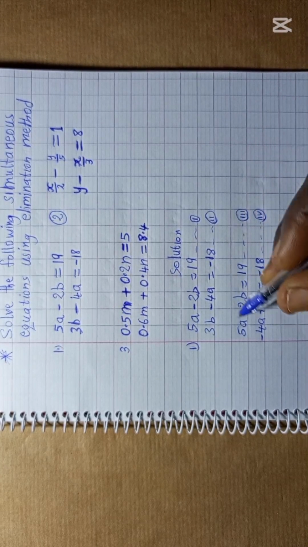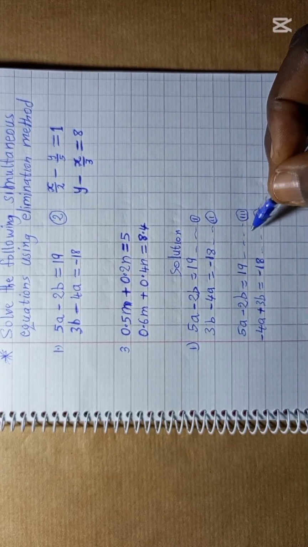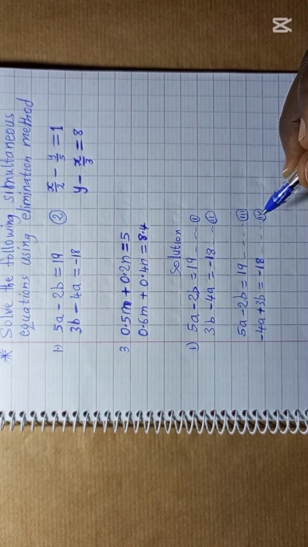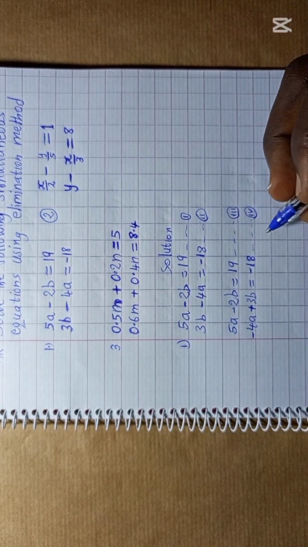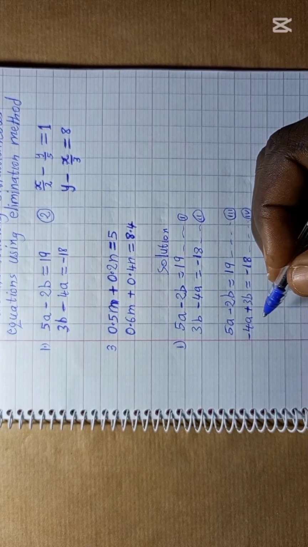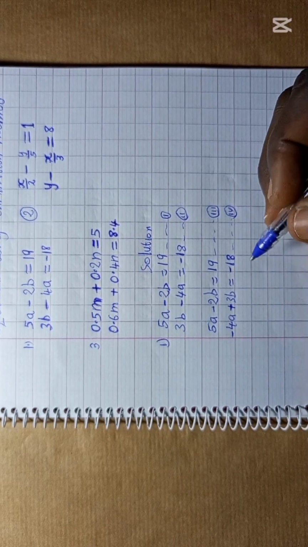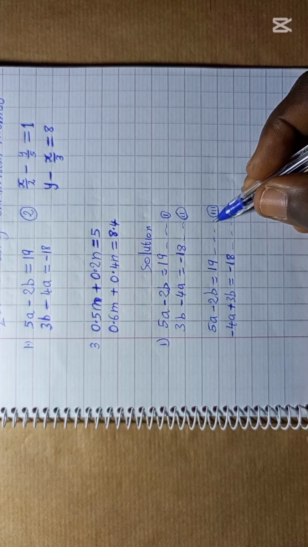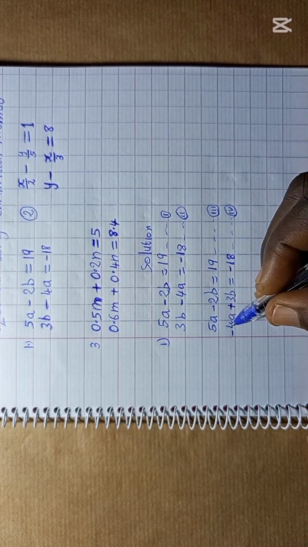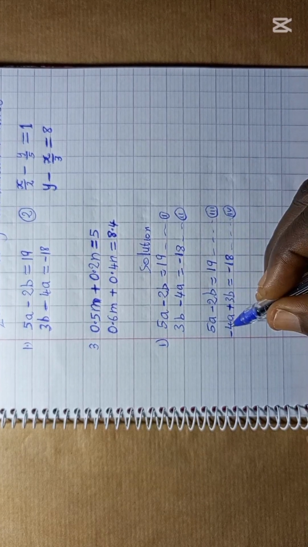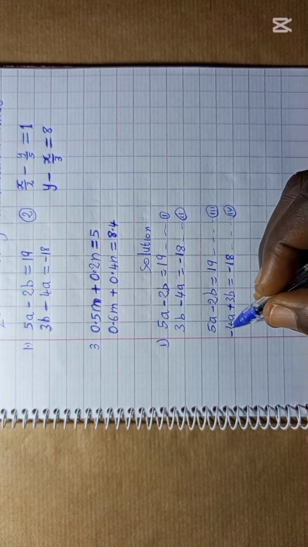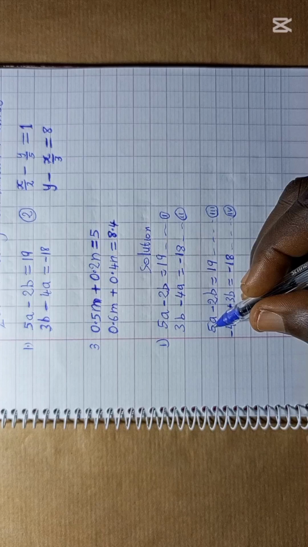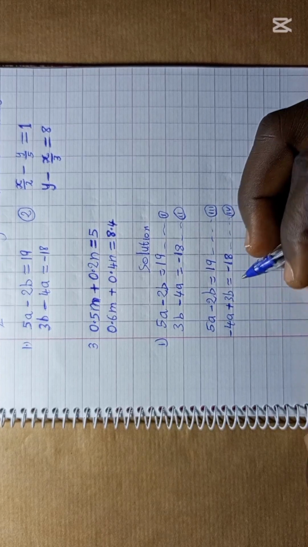Since we've changed this, we're going to differentiate them using these equations. So our next step is that I will multiply equation 3 by the coefficient of a in equation 4, and then multiply equation 4 by the coefficient of a in equation 3.